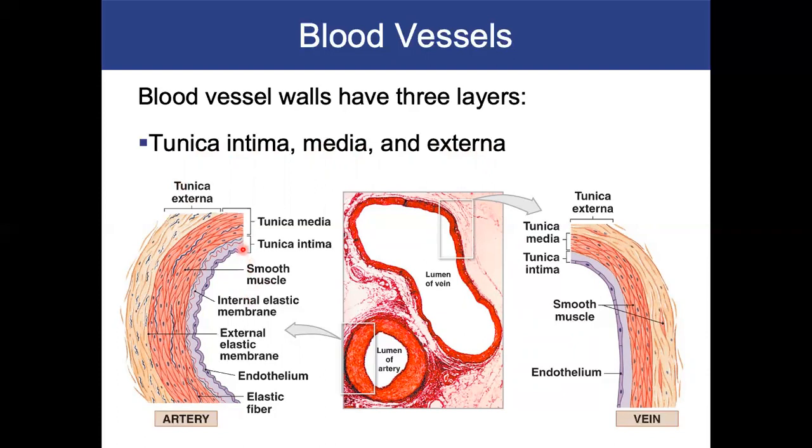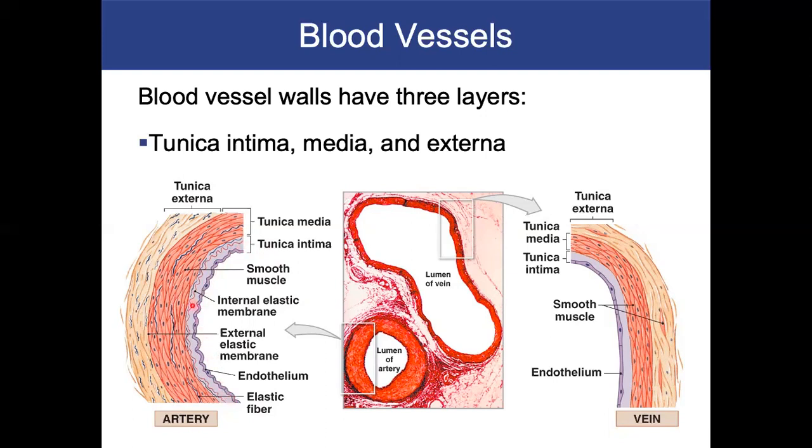The tunica intima, so blood vessels, whether it's an artery, so we're talking about an artery on the left side of your screen or a vein on the right side of your screen, arteries and veins have the same three layers. So the tunica intima is actually smooth muscle, or excuse me, it is simple squamous endothelium.